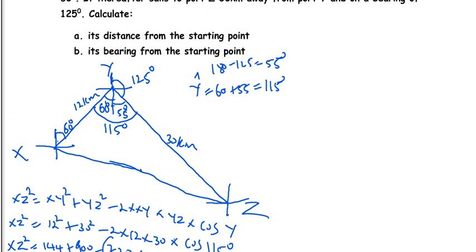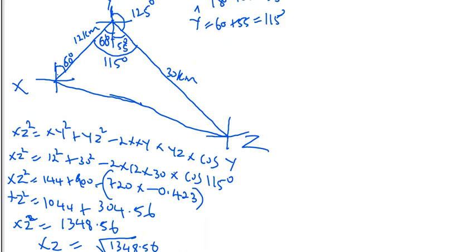Now the next question says the bearing from the starting point. The bearing from the starting point is the bearing of Z from X. So the first thing you do, look for the line joining X and Z. Since you are measuring from X, you measure from here to the line.